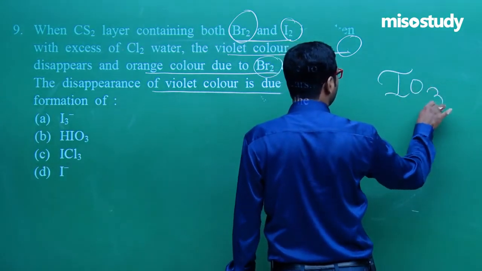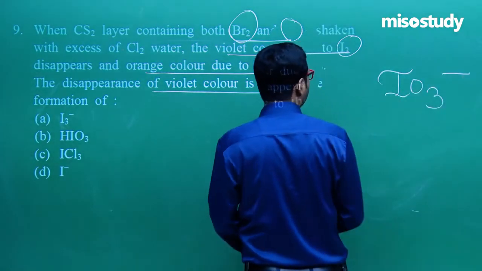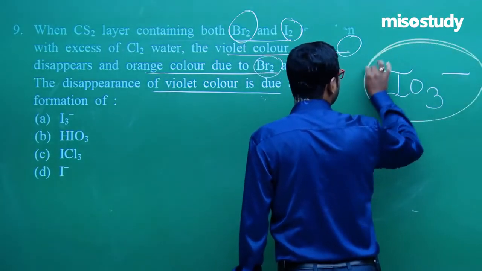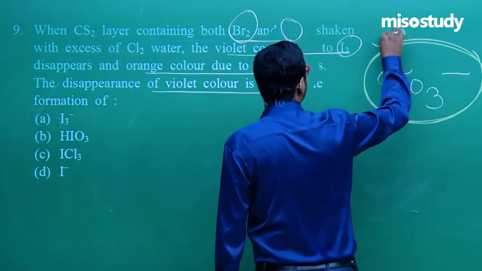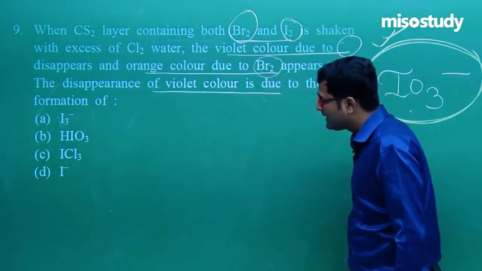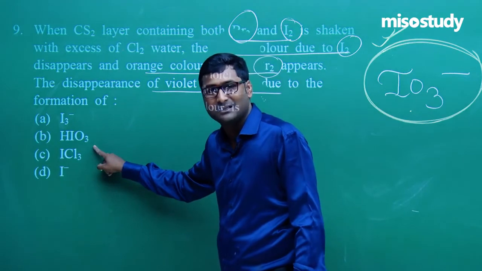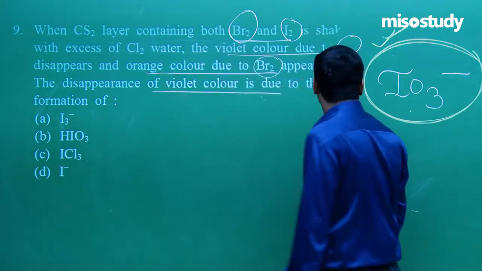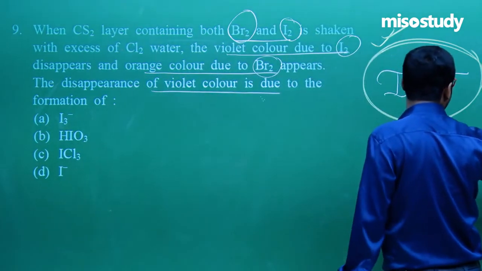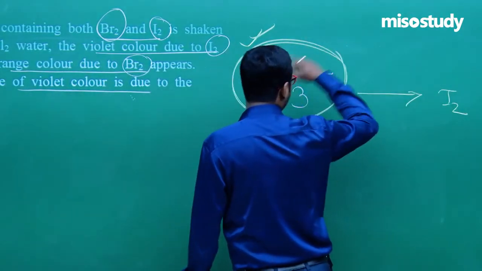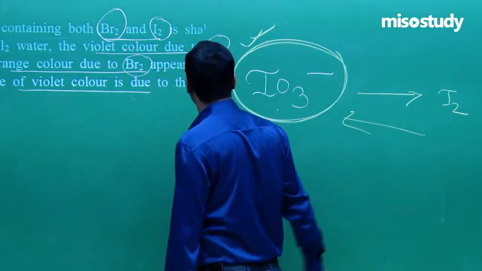As I told you, IO3 minus formation, general relation, IO3 minus ion. Now where do we get IO3 minus? That is HIO3. Remember, sometimes the reaction moves like this, and sometimes if I turn it, then it is a reversible movement.